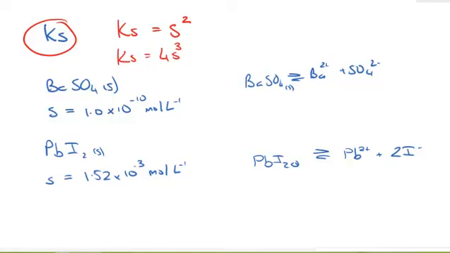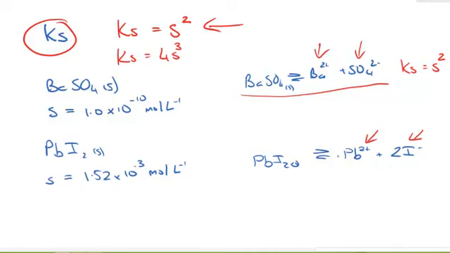So which one do you use? Well, if you're being asked to find the Ks, you just have to recognize initially, is it a 1-to-1 ion or is it a 1-to-2 ion? Now with barium sulfate here, there's one ion there and there's one ion there. So in this case, if you're being asked to work out the Ks, it would be Ks equals S squared. Lead iodide is a lead ion and there are two iodide ions, so that's a 1-to-2 ratio.